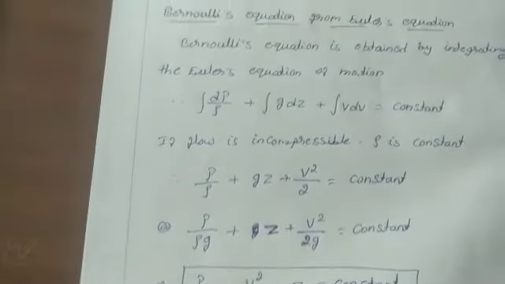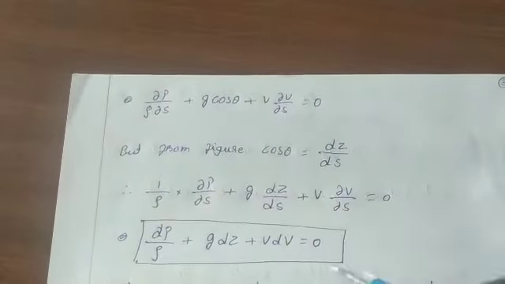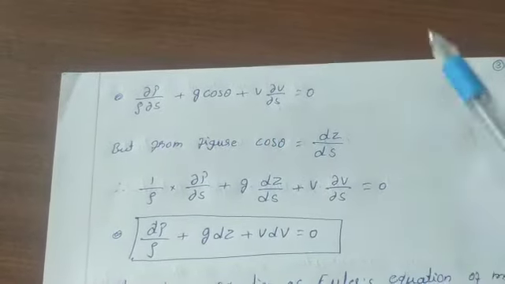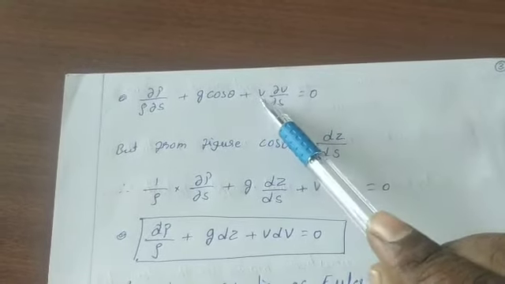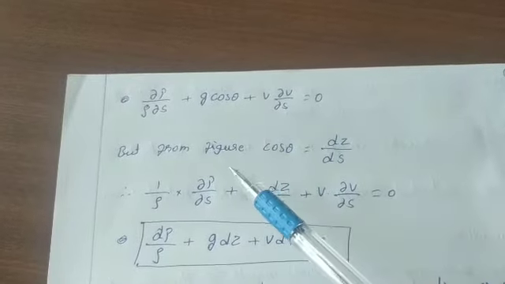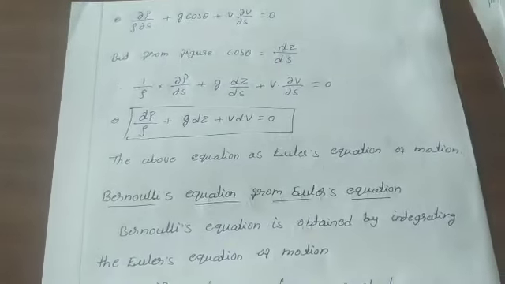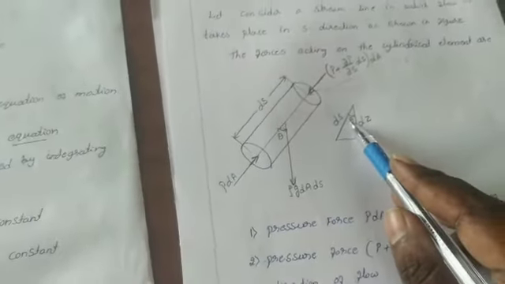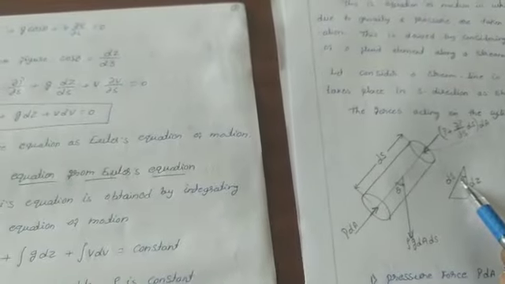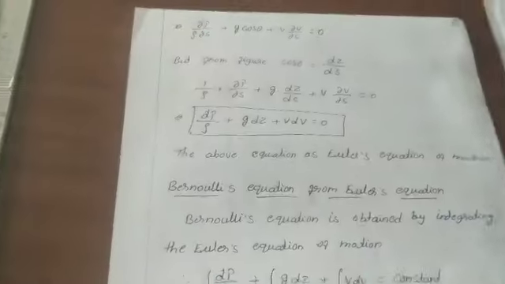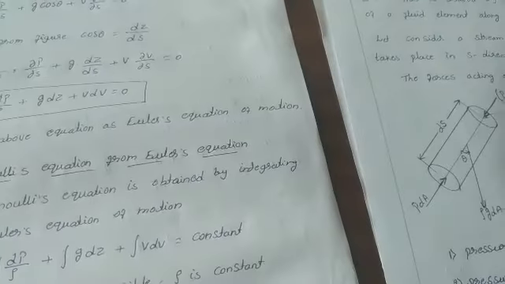Next, we will simplify that equation. We get dou P by rho dou s plus g cos theta plus, transferring this to this side, minus becomes plus, v dv by ds is equal to 0. But from the figure, cos theta is nothing but dz by ds, according to the cos theta definition.